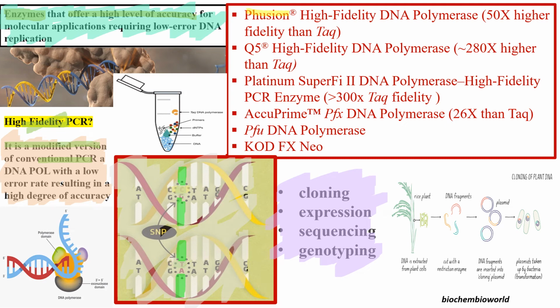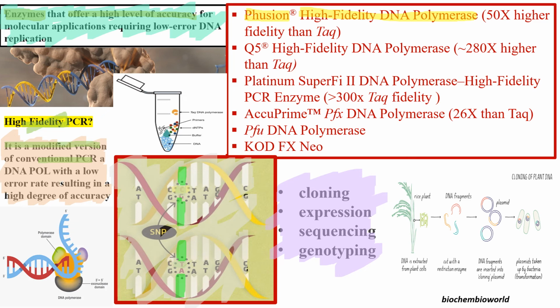First is the Fusion high fidelity DNA polymerase, and in the bracket I have mentioned how many times its fidelity is higher compared to that of Taq. Taq polymerase is a general thermostable polymerase which we usually use in PCR reactions in our day-to-day laboratory techniques.